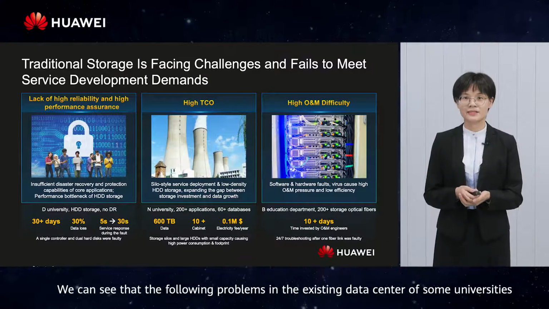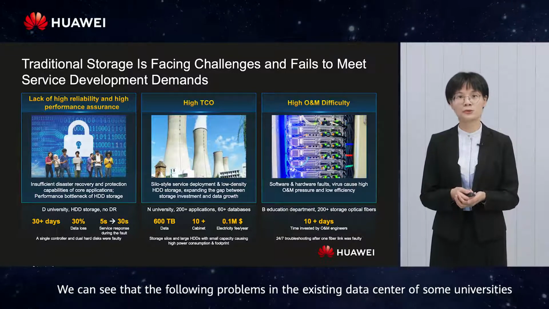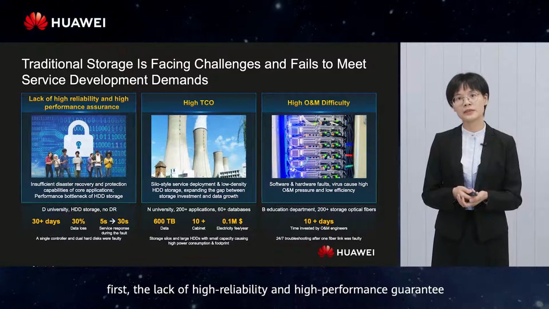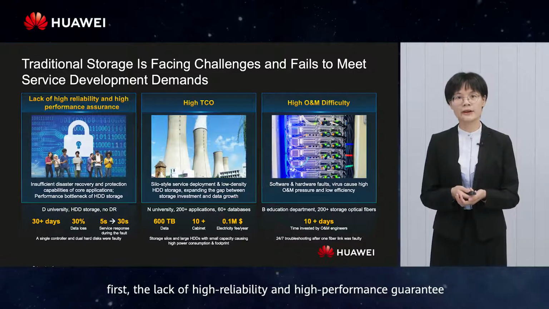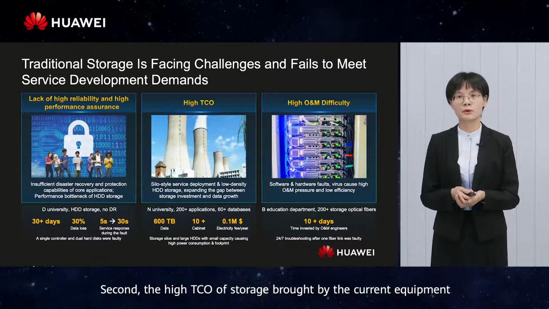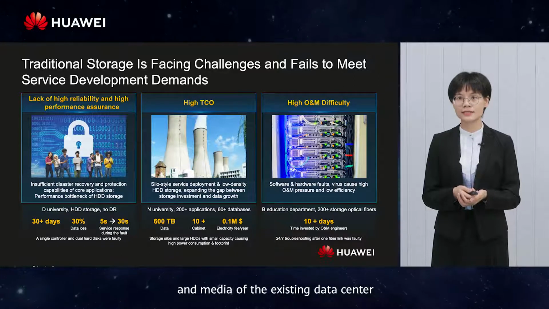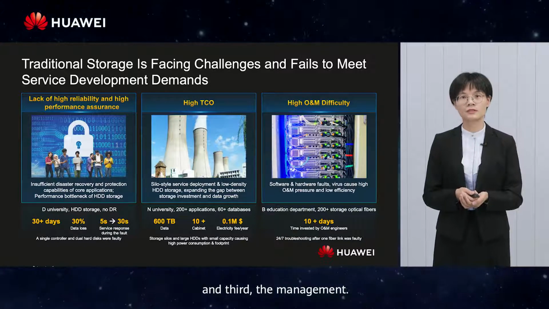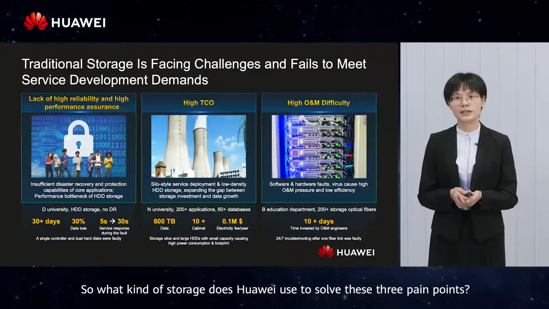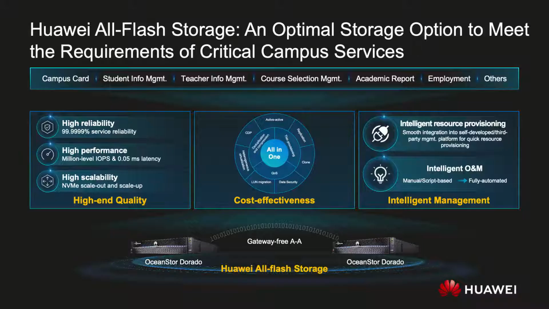We can see the following problems in the existing data centers of some universities. First, the lack of high reliability and high performance guarantee. Second, the high TCO of storage brought by the current equipment and the module of the existing data center. And third, the management. So, what kind of storage does Huawei use to solve these three pain points?